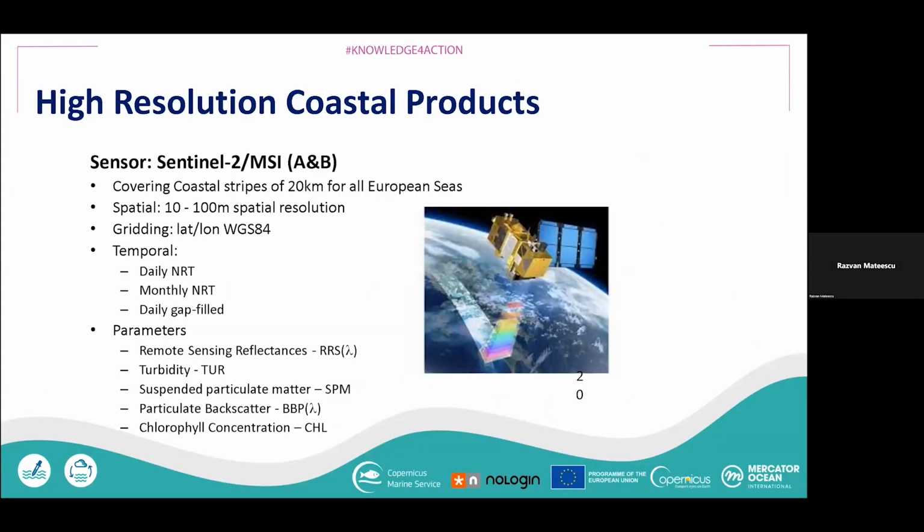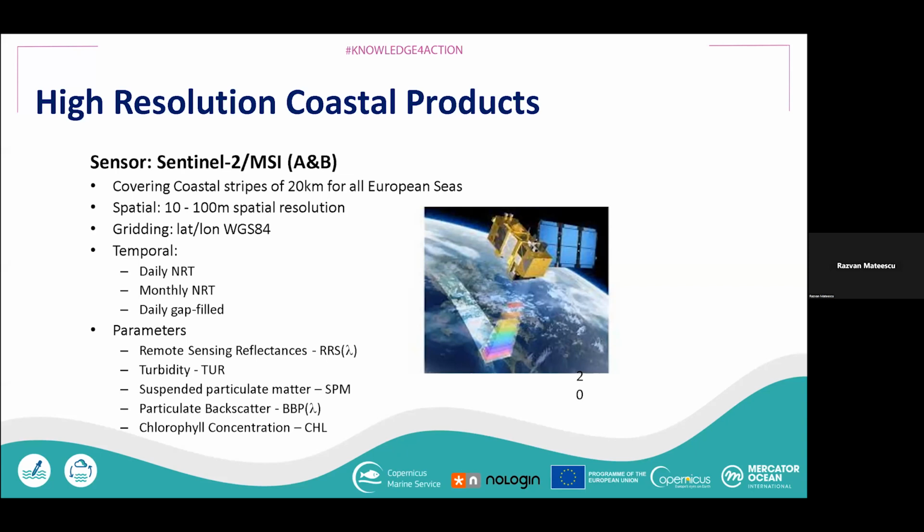For high-resolution coastal products, there is another sensor, provided by Sentinel-2, covering coastal strips of 20 kilometers for all European seas. The sensor covers a spatial resolution of 10 to 100 meters, in a latitude and longitude grid system.